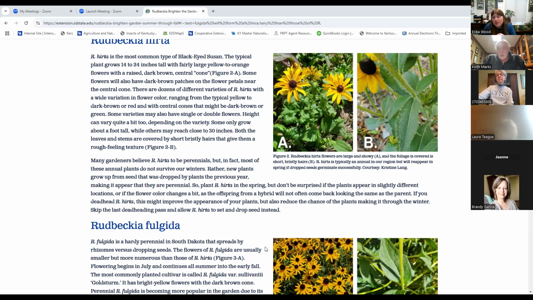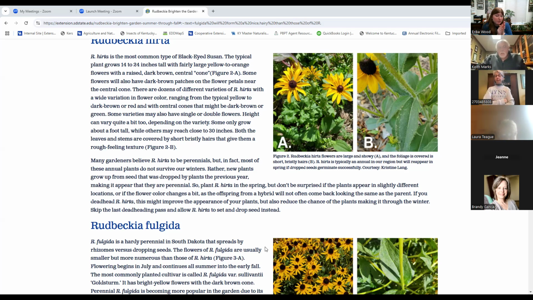And the annual Rudbeckia hirta usually has a more lance-shaped leaf, whereas Fulgida is almost rounder, especially where it meets the stem. So there's the difference there.